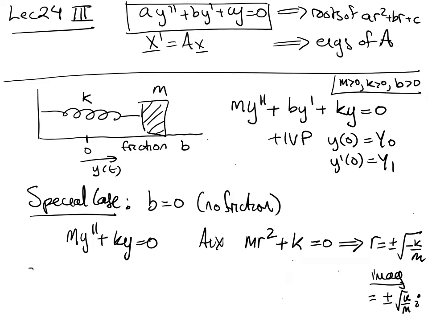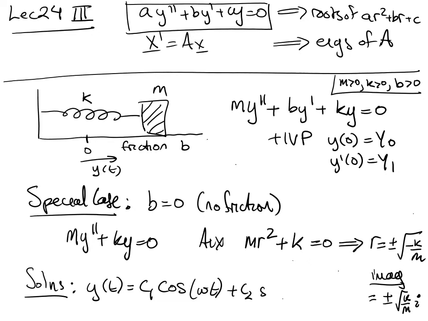And so in this case, the general solution is y of t equals c1 times cosine omega t plus c2 sine omega t, where omega is the square root of k over m. I just don't want to keep writing the square root of k over m.